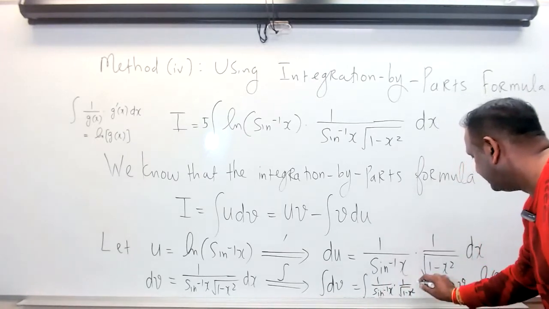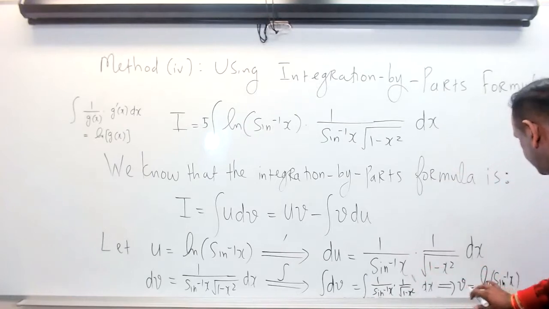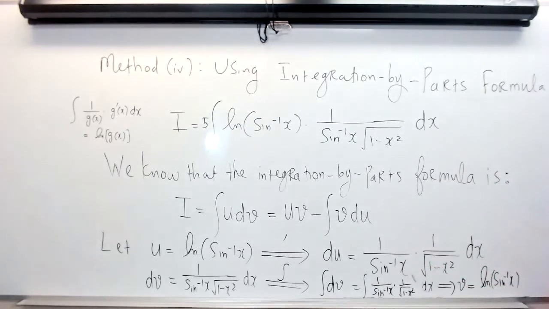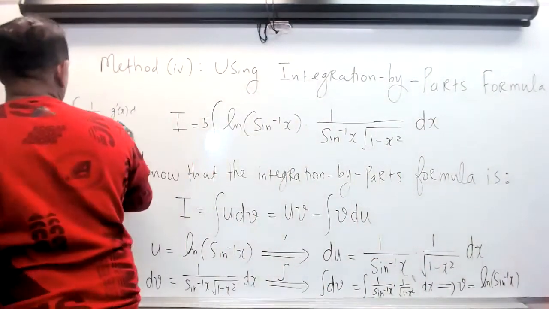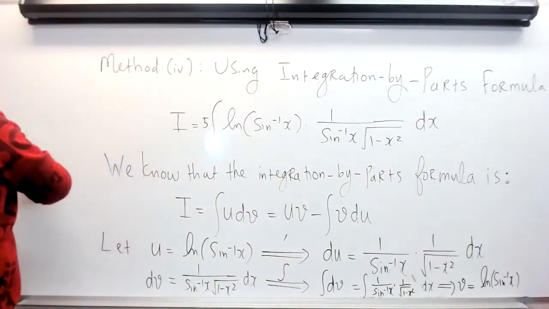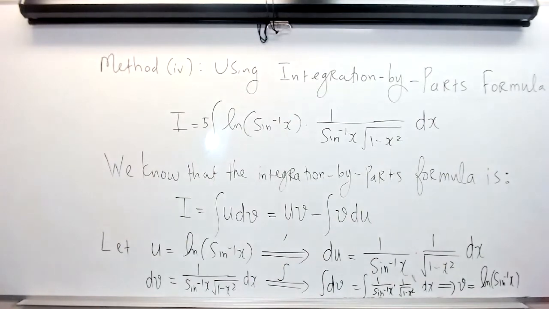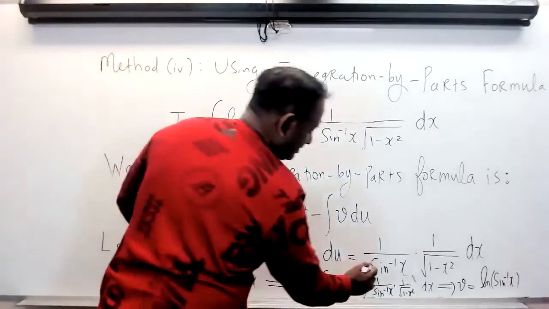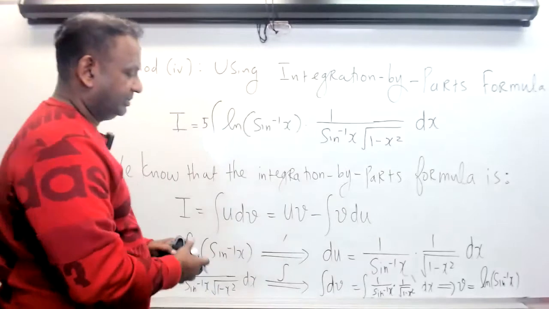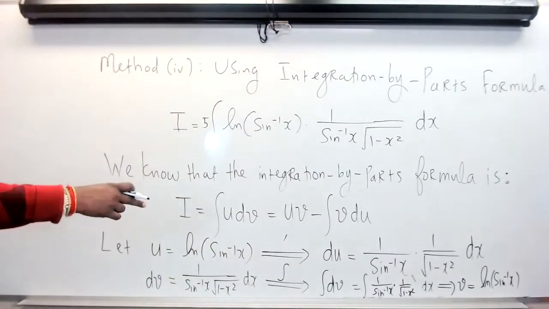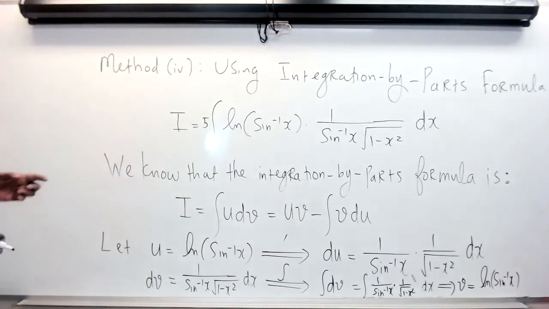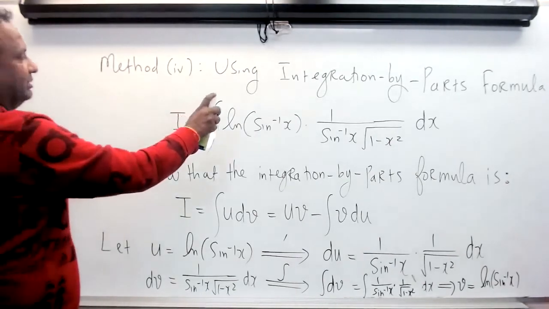Its derivative is right next to that one. That's why I put ln sine inverse x, the same as from that formula. Now you're going to plug into this formula.